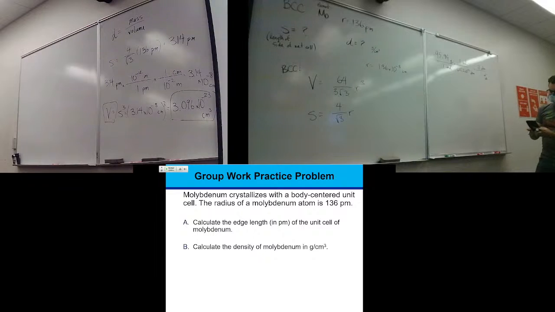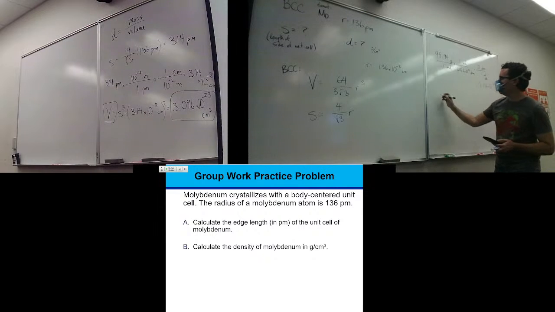So 95.94 divided by 6.022 e to the 23 times 2 gives me 3.186 times 10 to the minus 22 grams per unit cell. So that's the volume per unit cell, that's the mass per unit cell. So now we put them together.